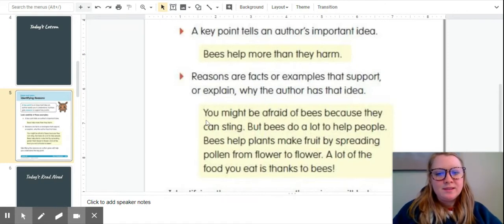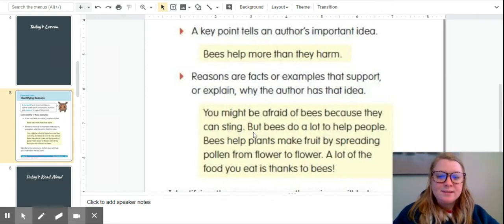Now, is that reason why bees help more than they harm? No, it talks about how they harm because they can sting. So this one actually is not a reason that supports the key point. So this author really should not have that sentence in their paper.